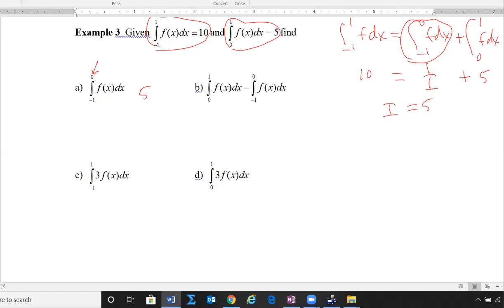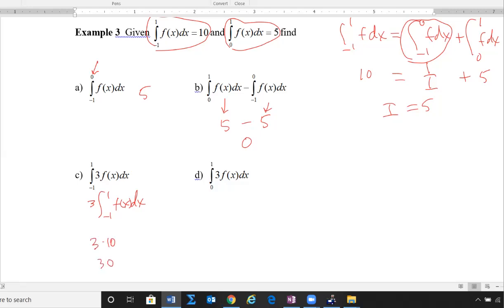Okay, this one here, I know this part is a 5, and I've already calculated this one as a 5. So I'm taking 5 minus 5, we get a 0. All right, this one I know will be 3 out front, 3 times that, so that'll have to be 3 times 10, which is 30.